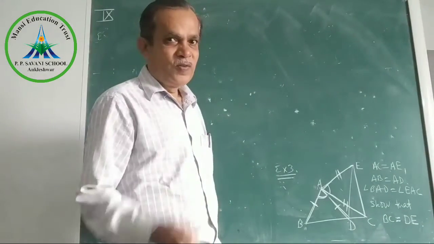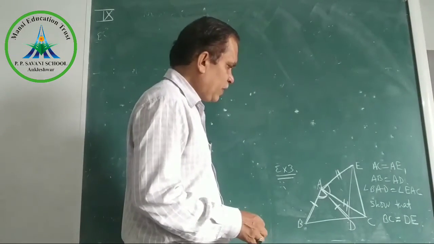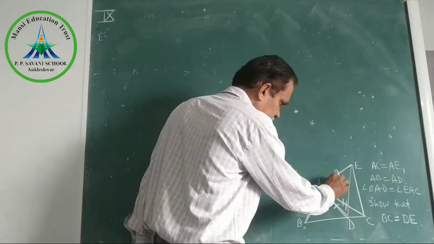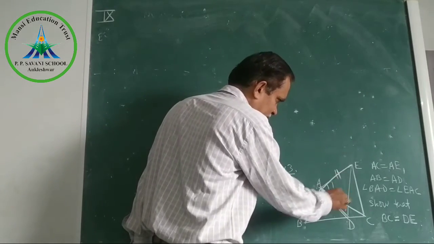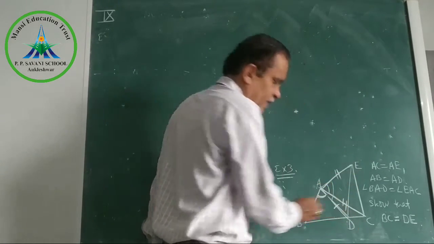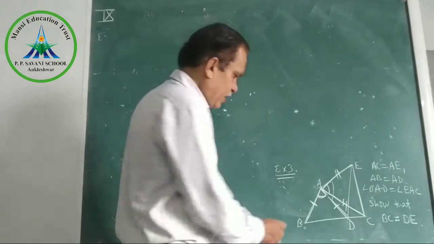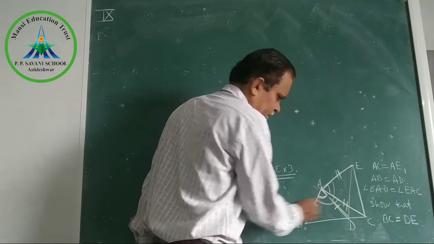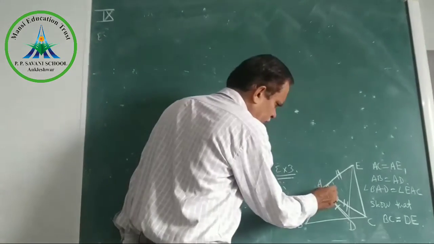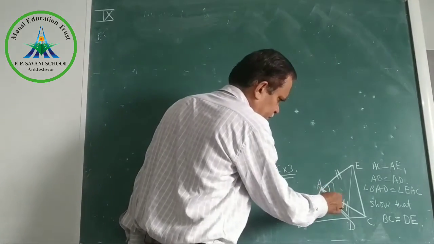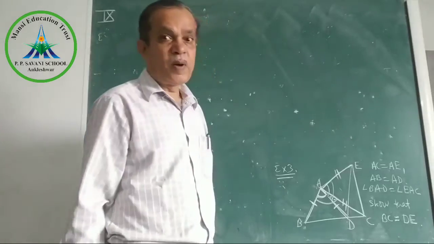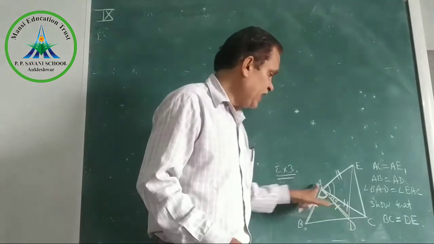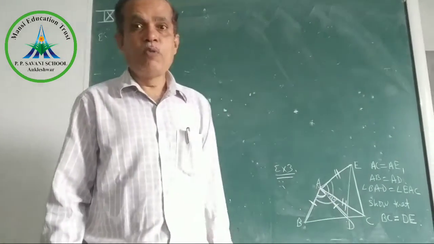Yes or no? Then see, look here. If I see this angle, complete EAD and BAC, this part is common. This part is common. So angle CAD is common in both.